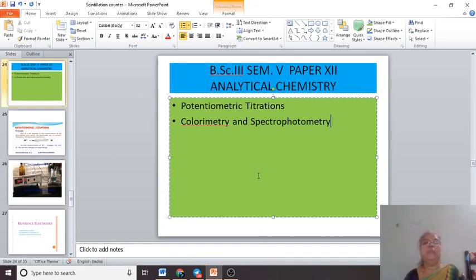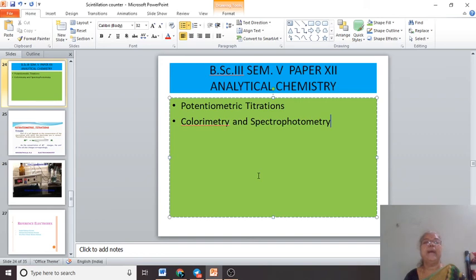Before that, all of you know what titrations are. Titrations are used for the determination of the end point. We have two solutions, and with one of known concentration we can determine the concentration of the unknown solution.